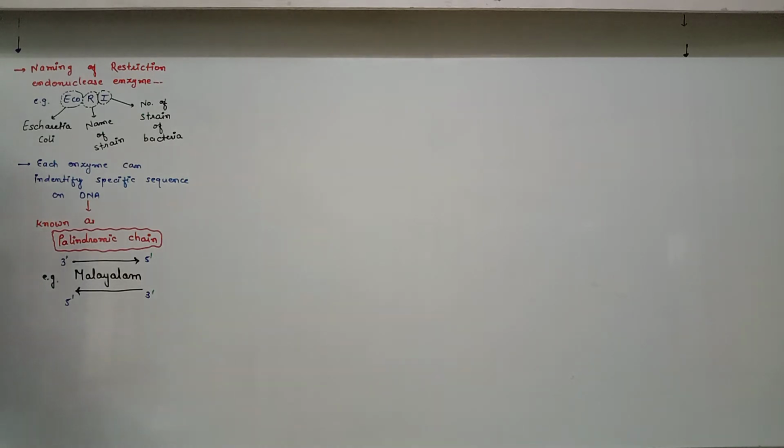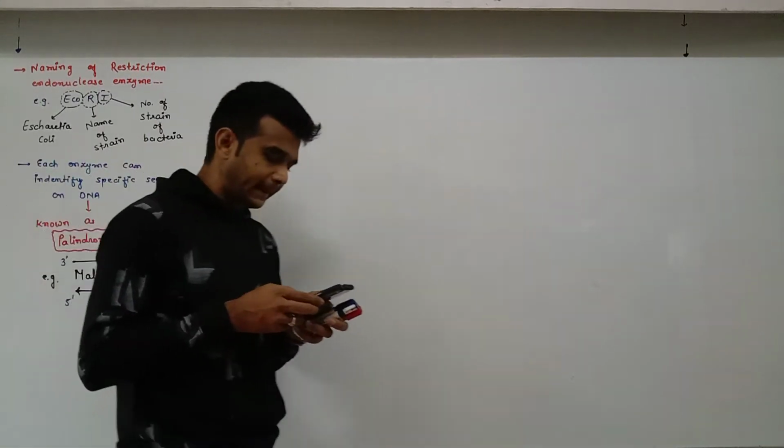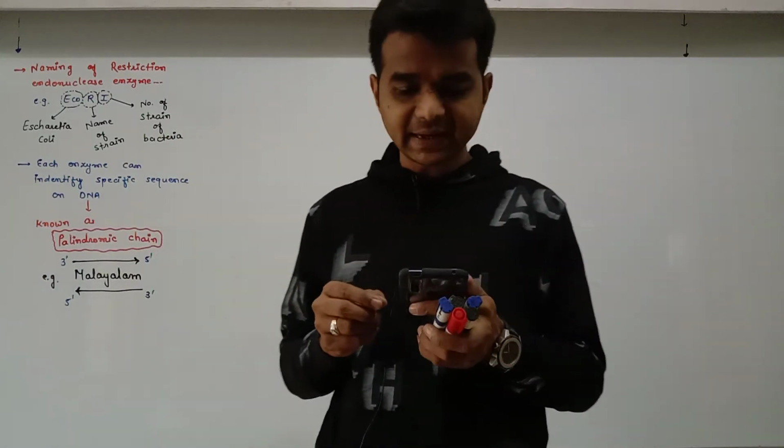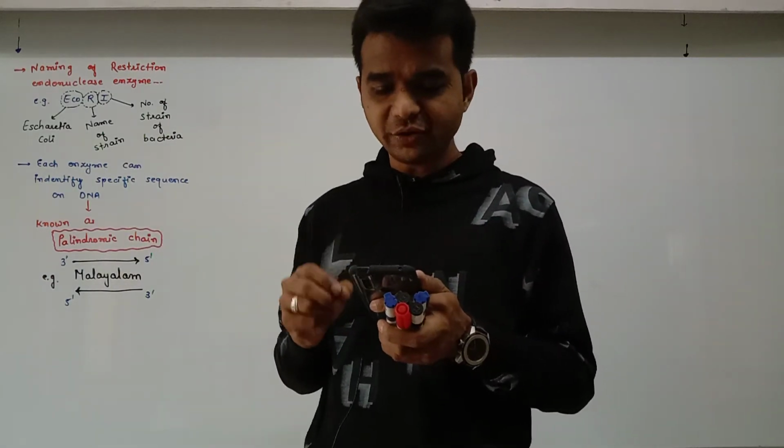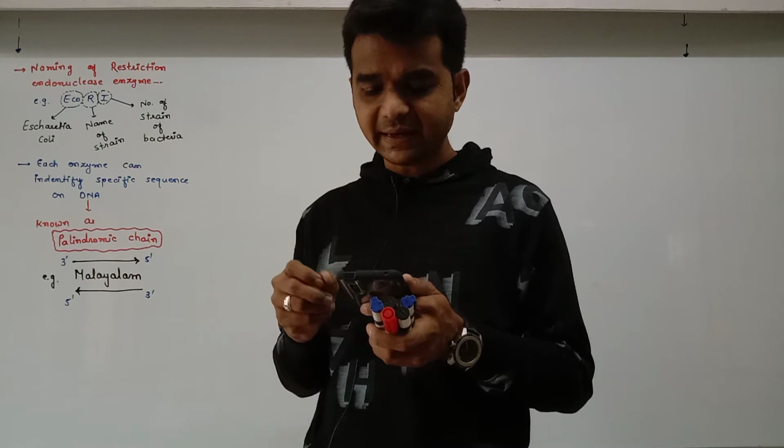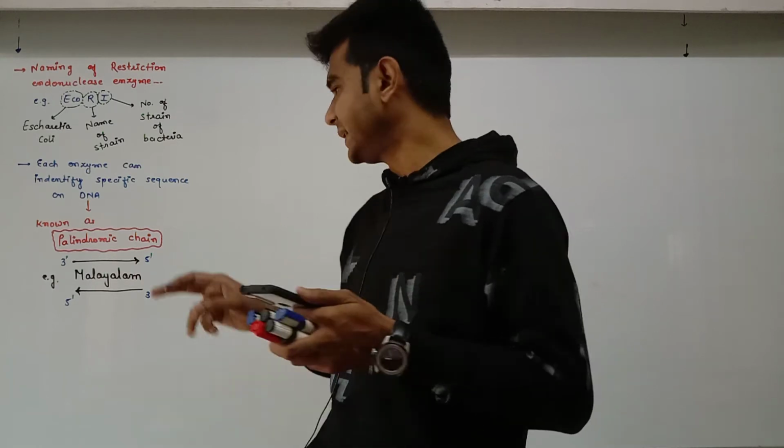Okay, so now here the restriction endonuclease enzymes can identify a specific small fragment of the DNA that is known as a palindromic chain. Let's see. Each restriction endonuclease functions by inspecting the length of the DNA sequence.